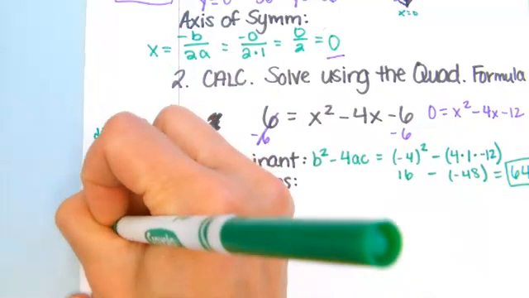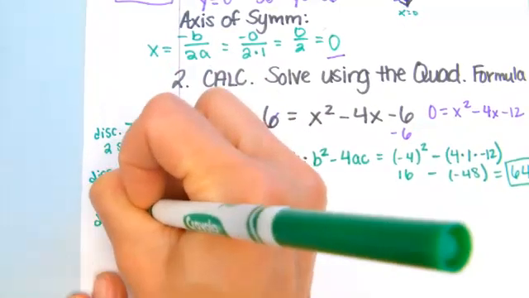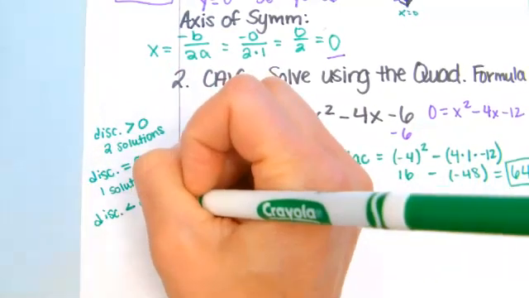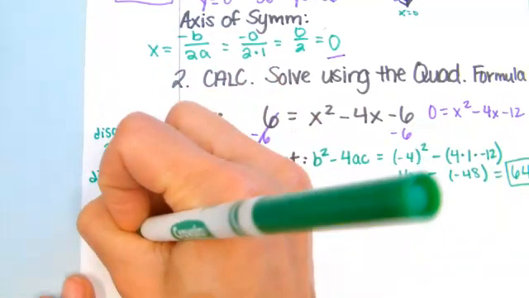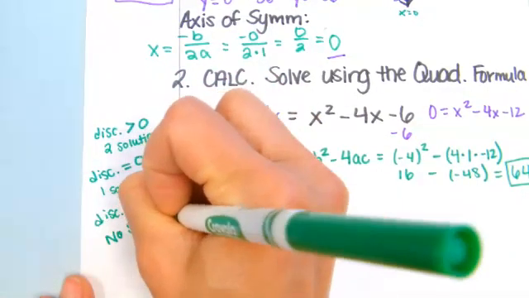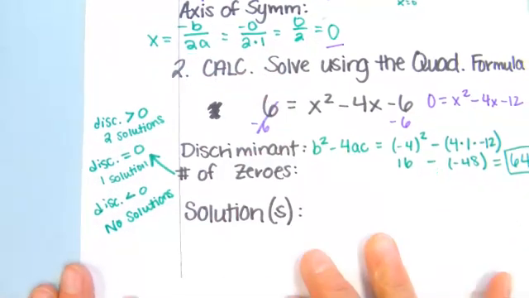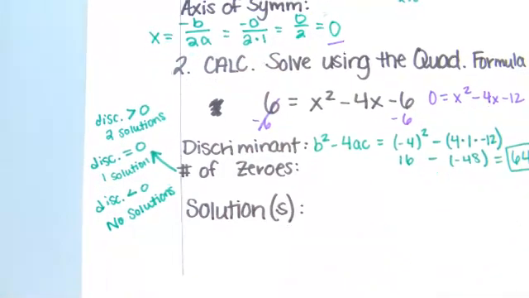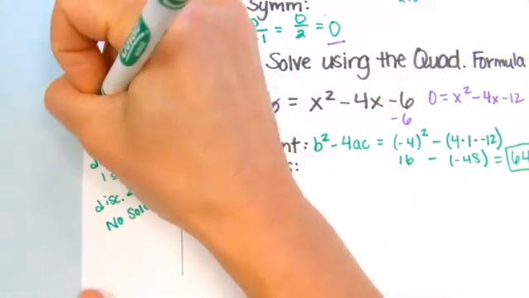If the discriminant is in fact less than 0, no solutions. And that doesn't mean it doesn't make a parabola, right? It means that the parabola is above or below your x-axis and it opens up or down and never hits it. Okay? This is what we need to know.